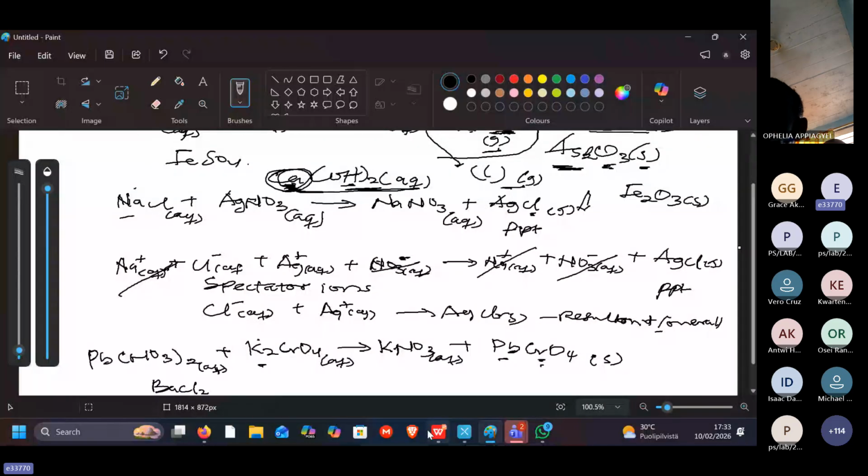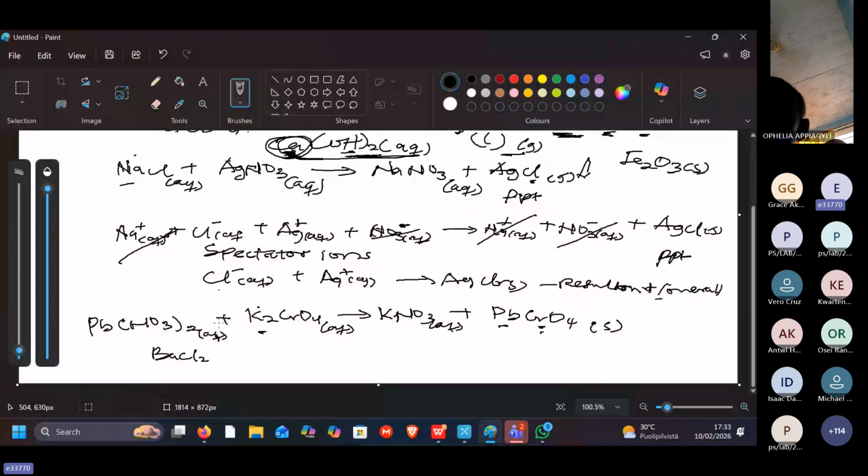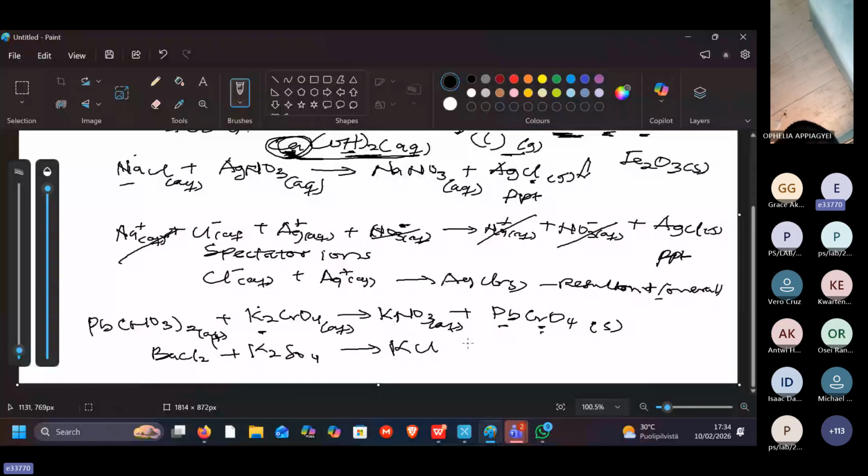Well, let's look at the last prediction, and then I can proceed. I was writing barium chloride plus potassium sulfate. That would be a metathesis or exchange reaction. So we can have potassium chloride plus barium sulfate.